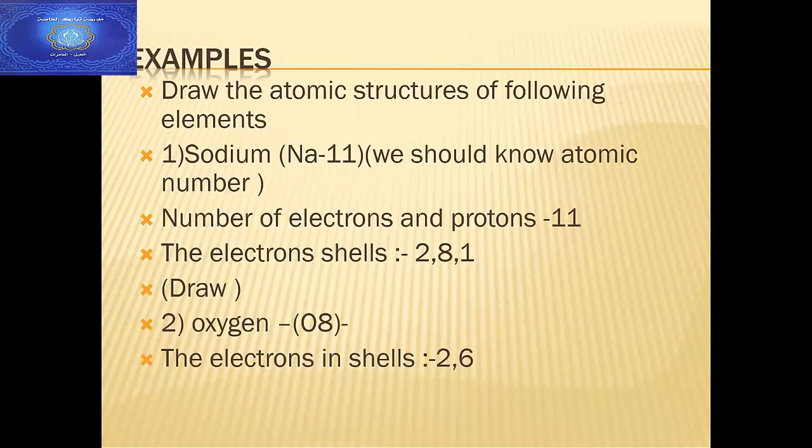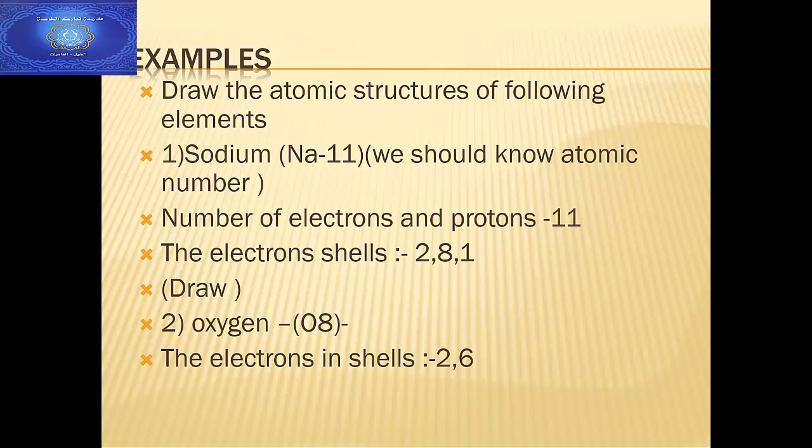You can see more examples here. Try sodium. You have to know its atomic number. If anyone didn't study the first 20 elements, please start from today. Only 20 days you need to study it.